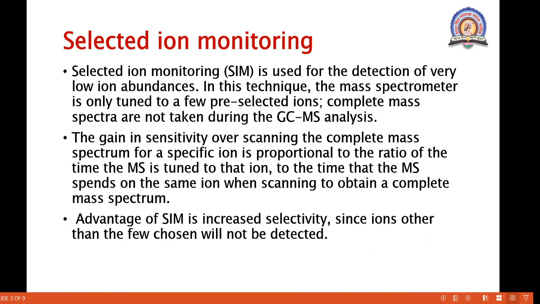So, first we start with the selected ion monitoring. In short, we call it SIM. Students, we know that when we take a mass spectrum, a number of ions are observed. But out of those ions, we are going to take only the selected ions.